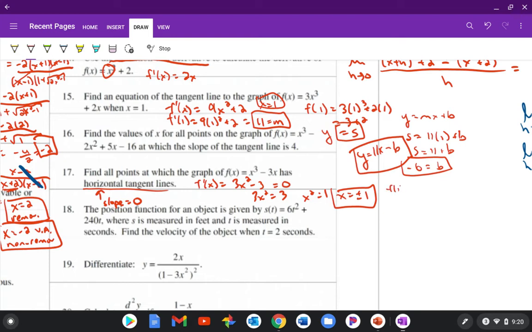So f of 1 would be 1 cubed minus 3 times 1. So 1 minus 3 would be -2. And then f of -1 would be -1 minus 3 times -1, which would be +2. So we'd have 1 comma -2 and -1 comma 2.